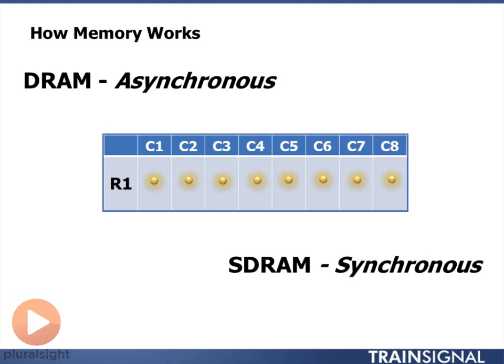Synchronous dynamic RAM, or SDRAM, means that it's tied to the system clock just like the CPU. So basically we have everything working in sync within our system. As we're going through cycles of the CPU, we're going through cycles with refreshing memory. And that's where SDRAM comes from.